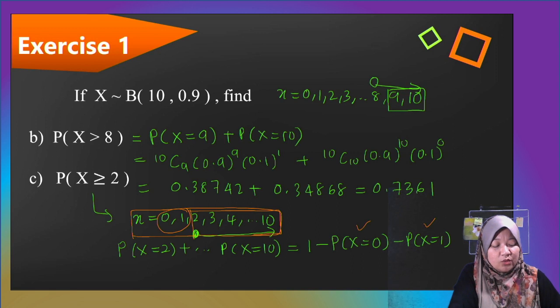So, 1 minus probability x equal to 0 and x equal to 1. So, this one equal sign. So, we can use formula.